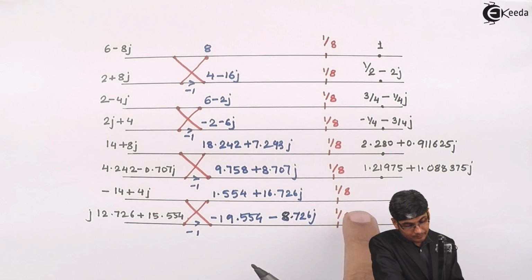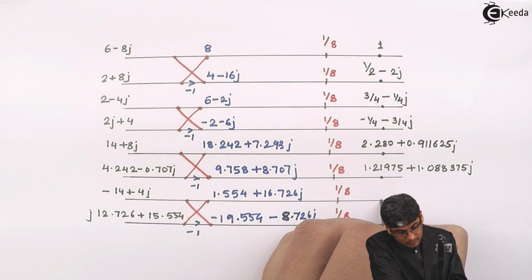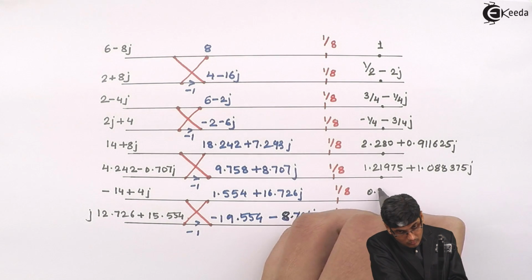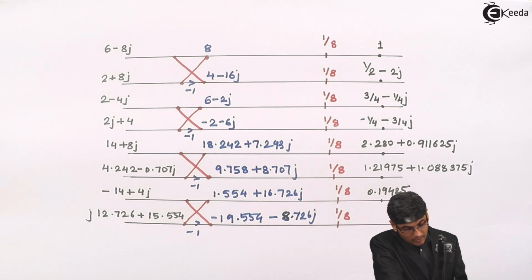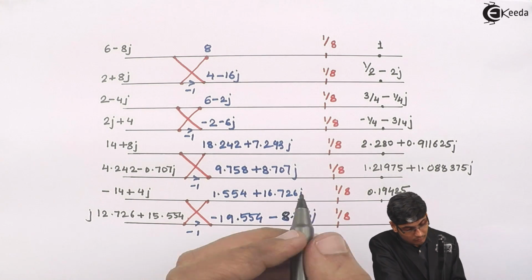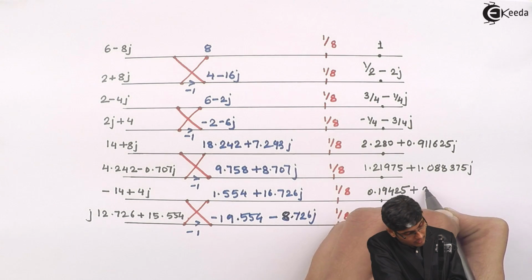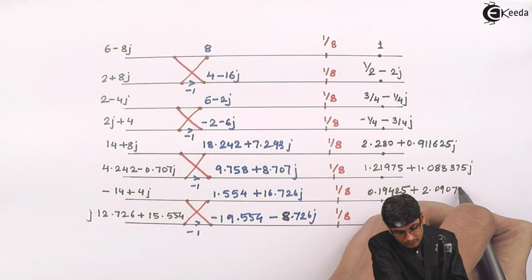Lastly, this I am going to divide. 1.554 divided by 8 will give me 0.19425, and then 16.726 divided by 8 will give me a value as plus 2.09075.